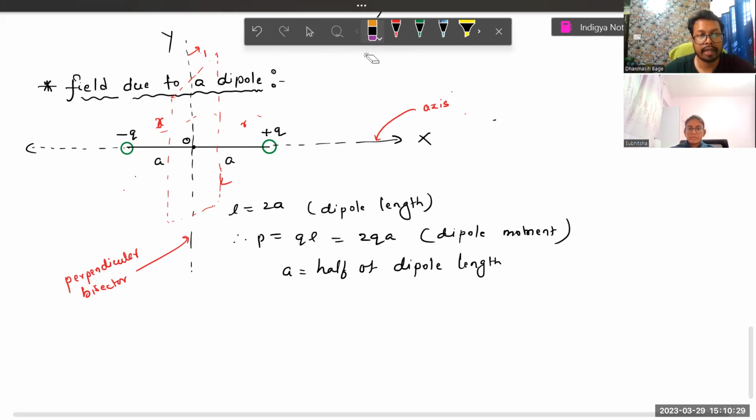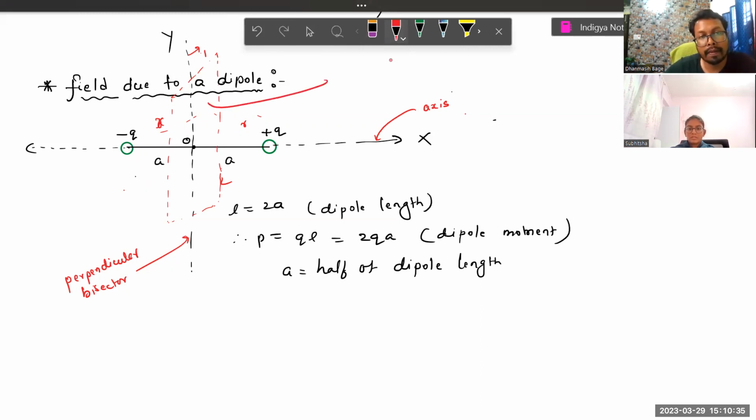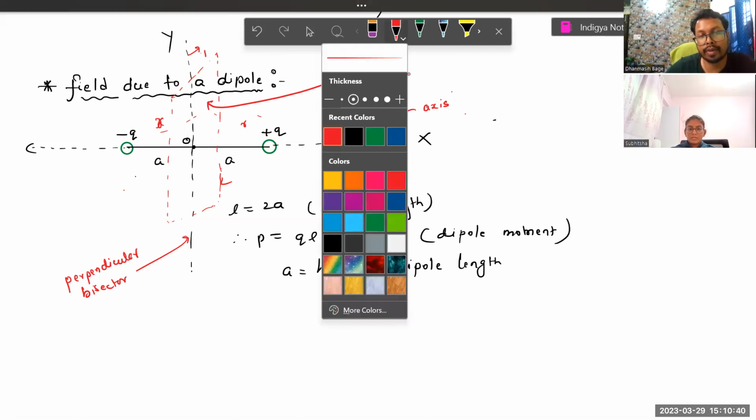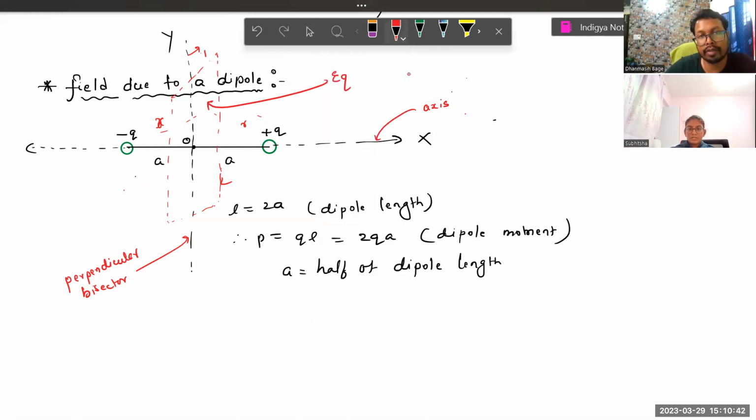Just see. This is called the equatorial plane. First, note down these important terminologies. Equatorial plane. This is called the axis.